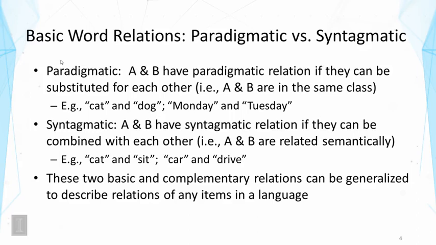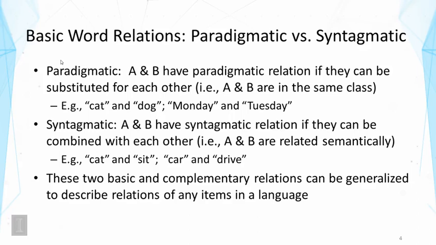For example, cat and dog. These two words have paradigmatic relation because they are in the same class of animal. And in general, if you replace cat with dog in a sentence, the sentence would still be a valid sentence that you can make sense of. Similarly, Monday and Tuesday have paradigmatic relation.